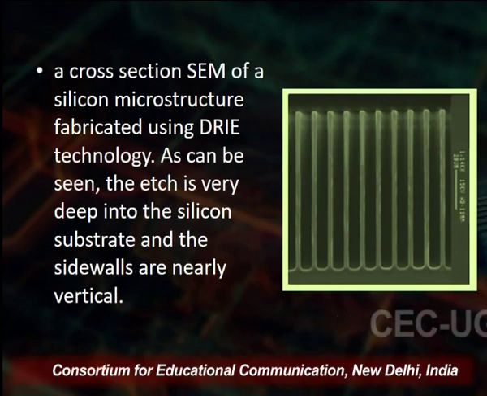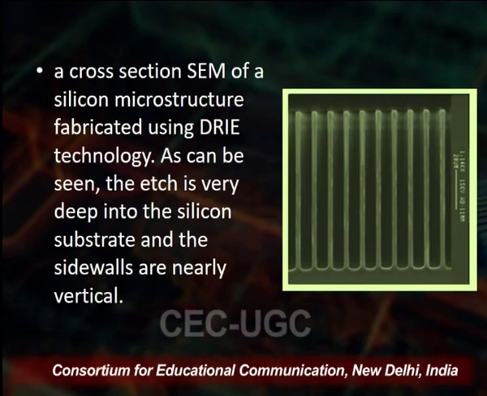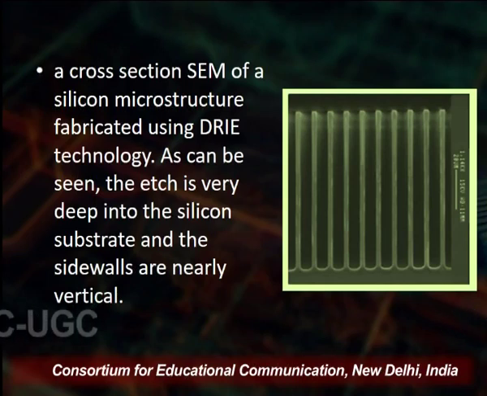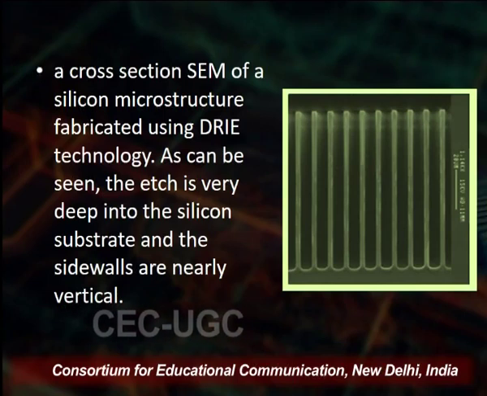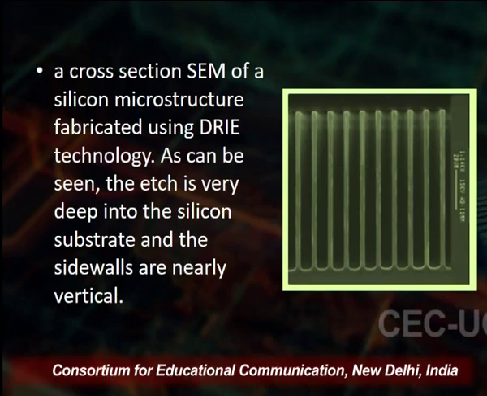Another image is a cross section SEM of a silicon microstructure fabricated using DRIE technology, and as can be seen, the etch is very deep into the silicon substrate and the side walls are nearly vertical. The aspect ratio of the etch can be as high as 30 to 1, but in practice tends to be 15 to 1.